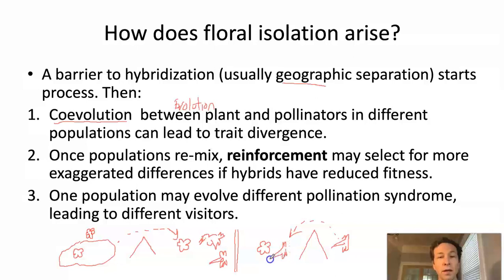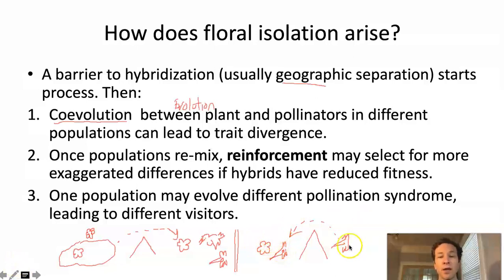What this would mean is that where the two species now coexist, there's even stronger selection for them to develop traits that minimize the sharing of pollen between the two incipient species.